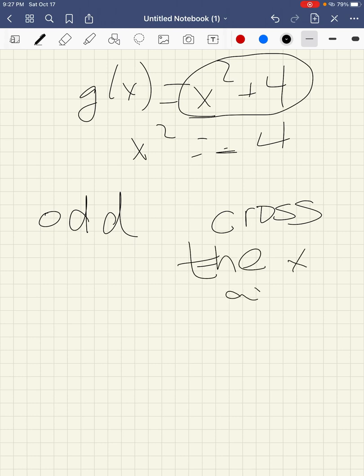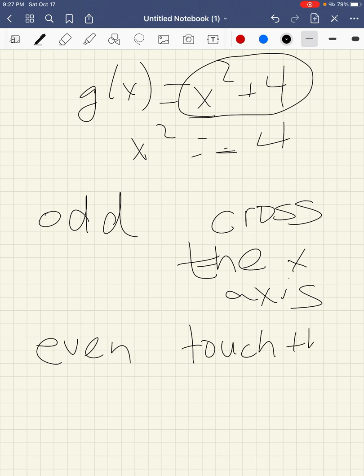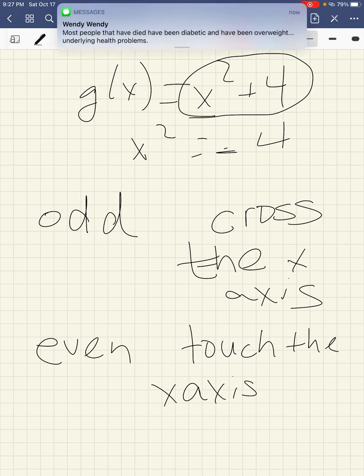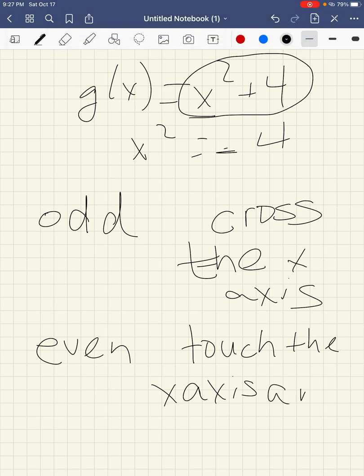That would be what we've been doing. If the factor is there an even number of times, for example, x minus 2 raised to the second power, or x minus 2 raised to the fourth power, then it's going to touch the x-axis and turn around and go back. Okay? All right, so keep that in mind.